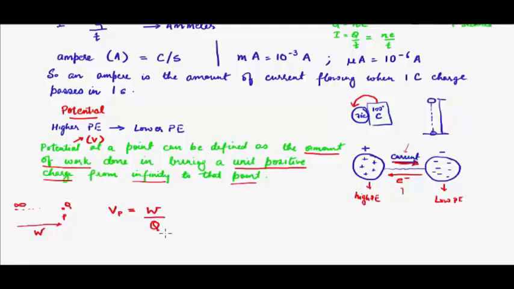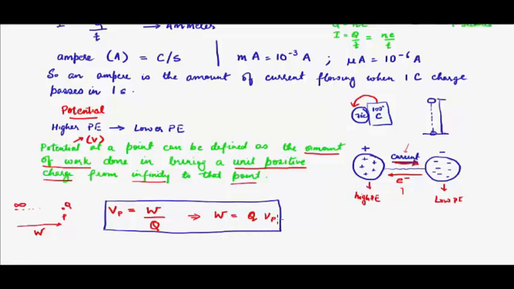Conversely, we can write the amount of work required to be done to bring a charge Q to a potential Vp is Q times Vp. So larger is the amount of charge, more will be the work required to be done. Larger the potential of the point, more will the work required to be done. So this is a very important set of formulas that we will require to remember by heart.